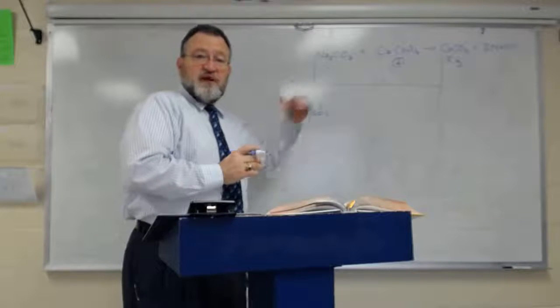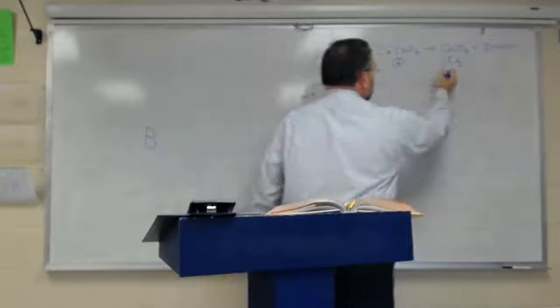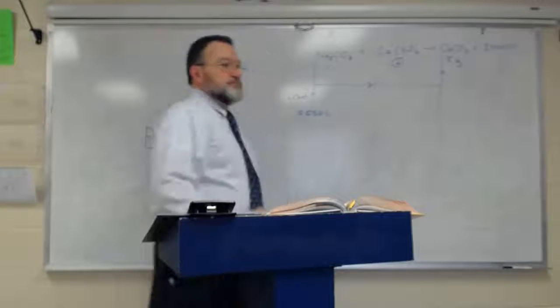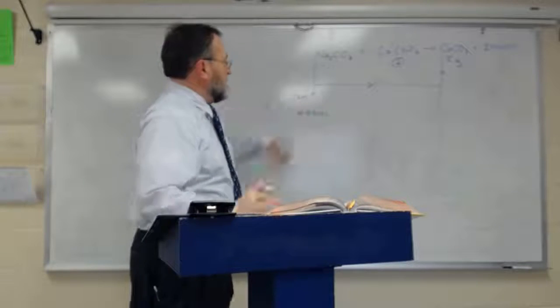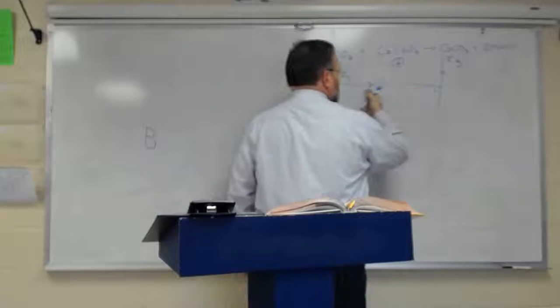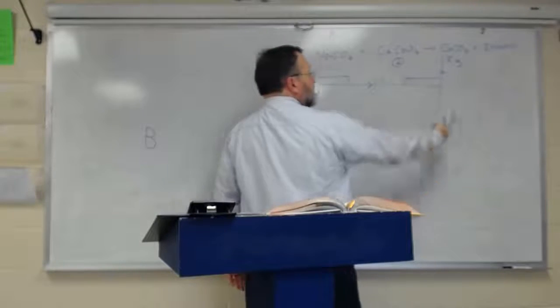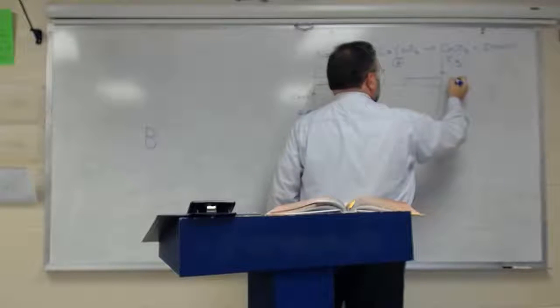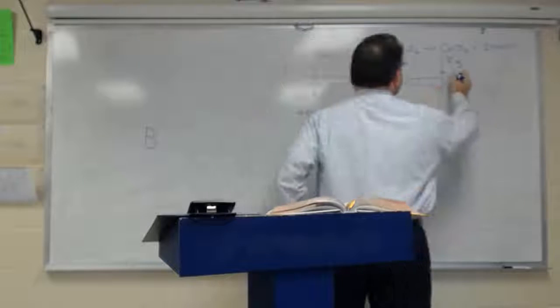Where's my solution pathway going to take me? Up, over, and up. I know that this times this will give me my number of moles here. This to this relates to my number of moles, so it's 1-to-1. It's going to be the same thing over there. And then I need to somehow go from here to here, and I'm going to do that by multiplying by what? The molar mass.